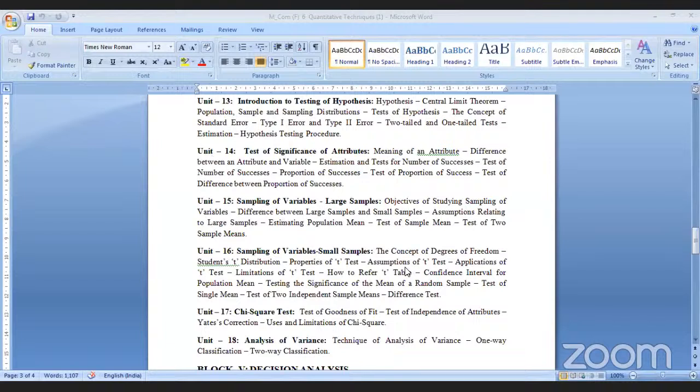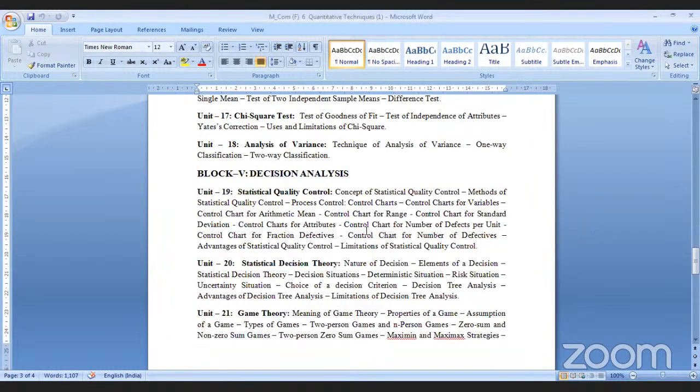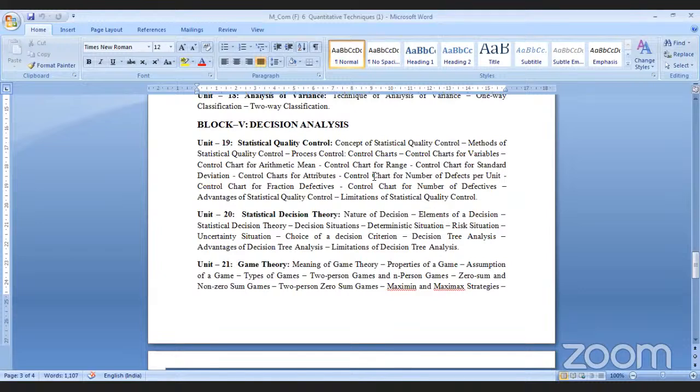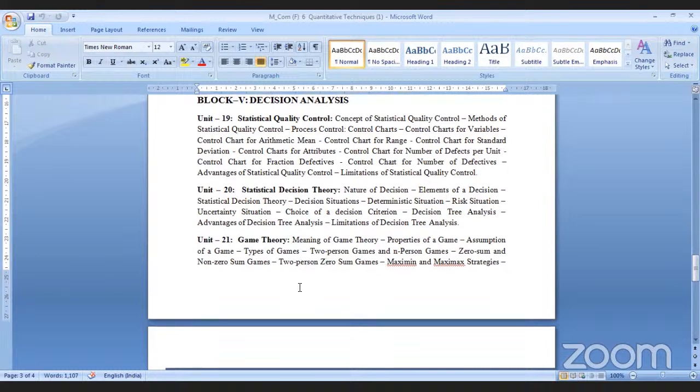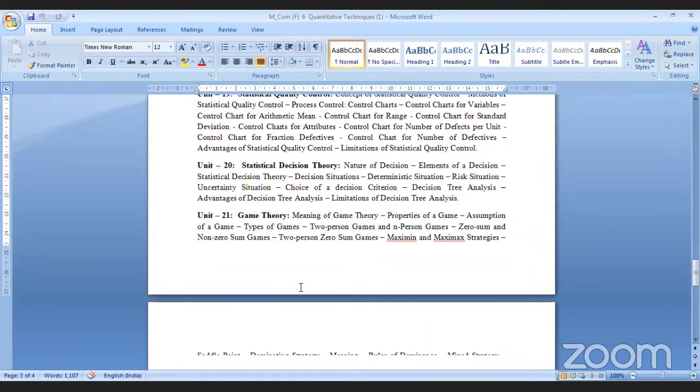Tomorrow we will do the chi-square test and decision analysis. In decision analysis, you asked about control charts, so we'll see the control charts also. Before that, we first need to complete game theory. If time permits, we will complete it. Otherwise, if any notes are available, I will send them in the group. Don't worry.